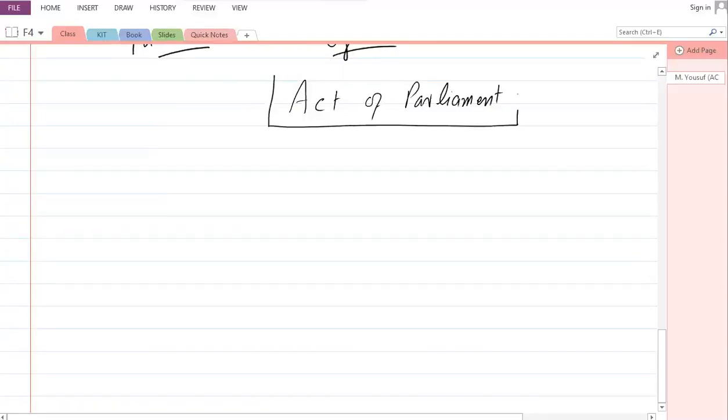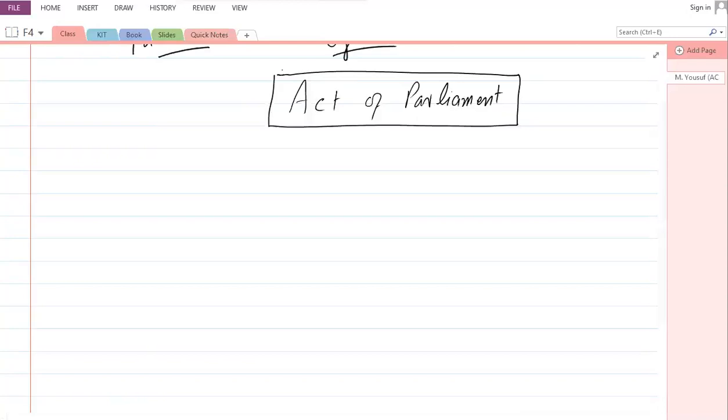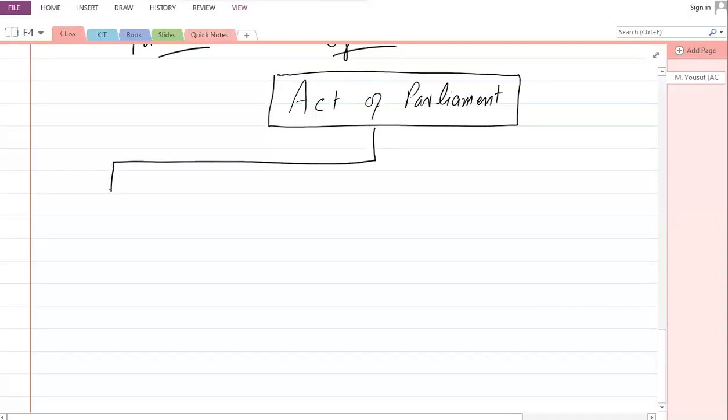As the name suggests, the act is related to parliament, the outcome of parliament. These are the laws and regulations that are made by the parliament. In the UK context, parliament consists of three elements.